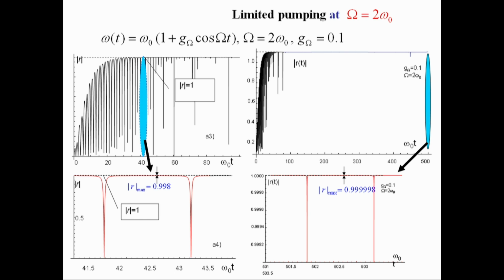And also we calculated which frequency is most optimal: what frequency of modulated parameter of the potential well is most effective for realization of such a coherent correlated state. Here is, for example, the frequency of modulation 2 times less or more than the eigenfrequency of the oscillator. You can see the coefficient of correlation, with time in units of omega 0 to the power minus 1, is 0.999999 and so on.